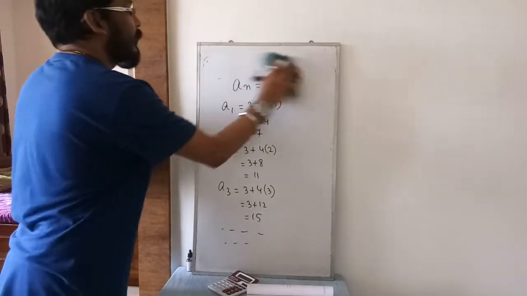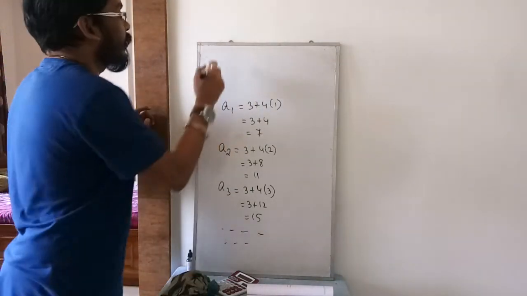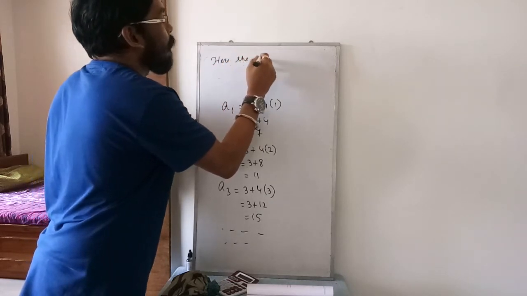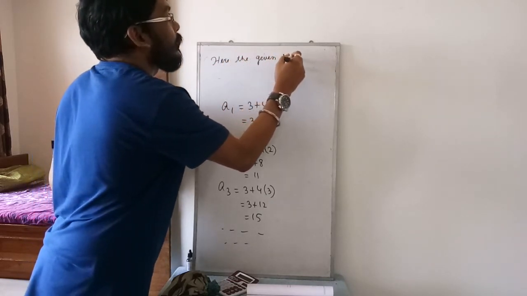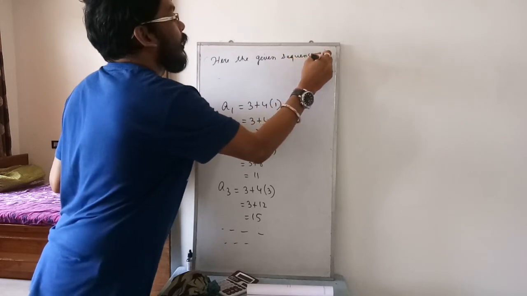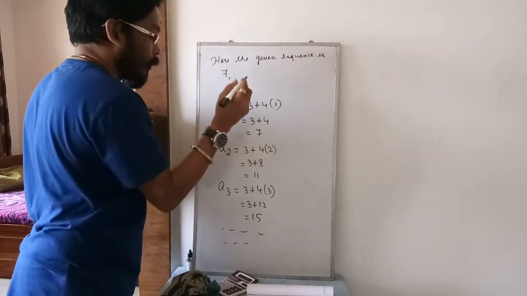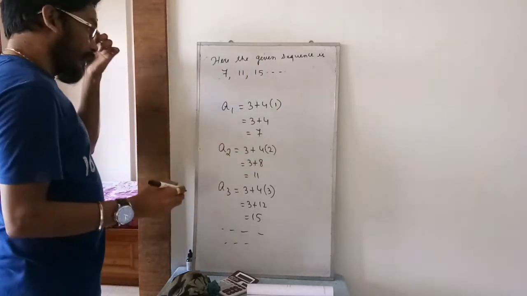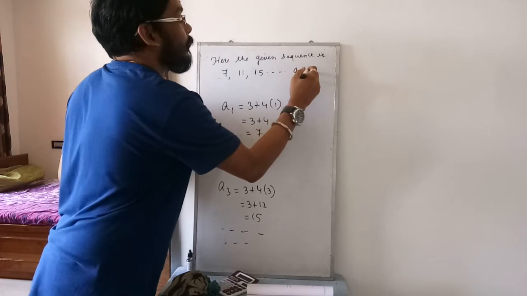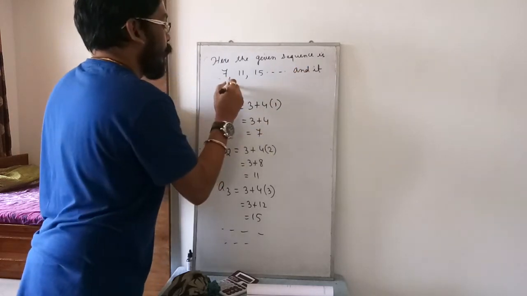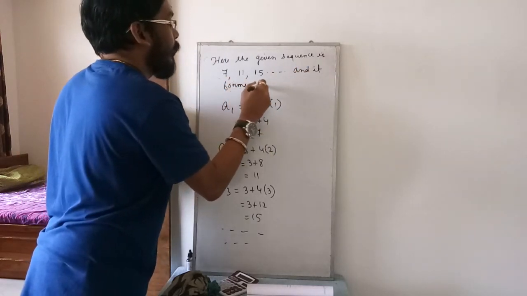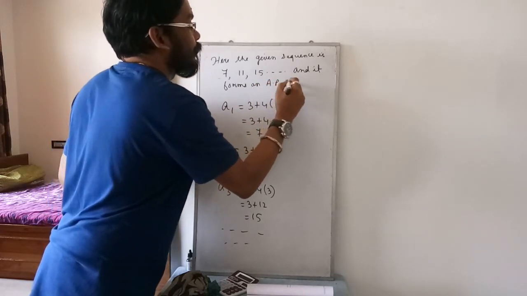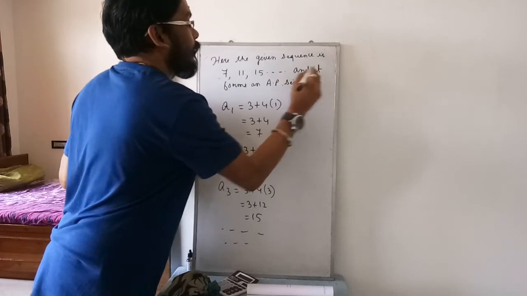So I will write here. Here the given sequence is 7, 11, 15 dot dot dot, and it forms an AP since the common difference here is same.